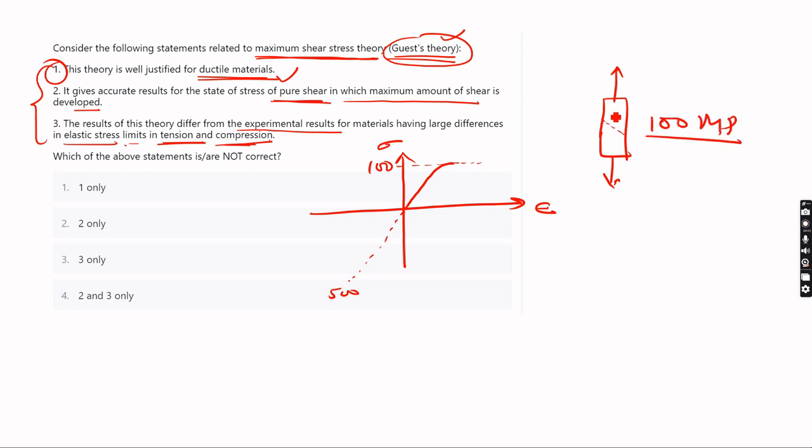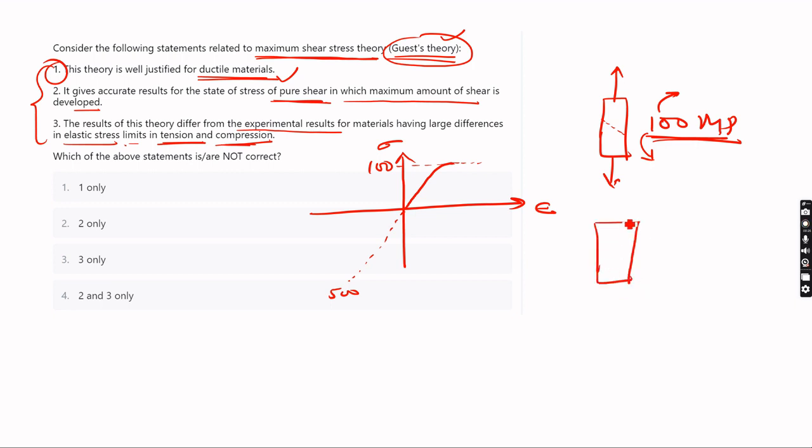After that there will be plastic deformation. Before that, if you leave the material, it will regain its original shape. That is elastic deformation. In plastic deformation, it will not regain its original shape. If you go above, it is plastic; if you go below, it is elastic. So this is the elastic limit.